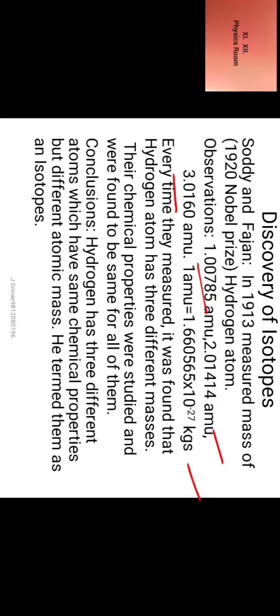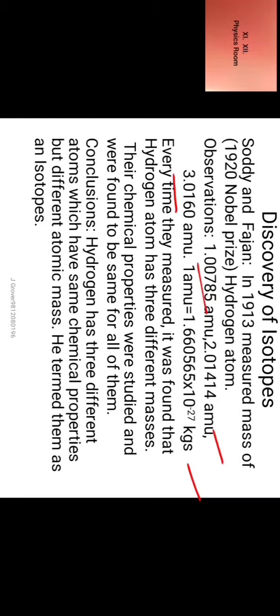Every time they measured the mass of hydrogen atom, it was found that hydrogen atom has three different masses. Then they were in abeyance what to decide, which is the mass of hydrogen atom.